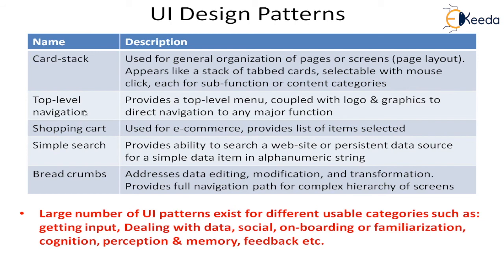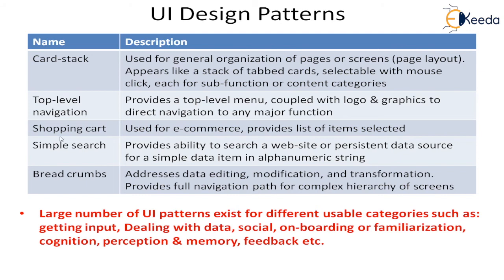Similarly, top level navigation is another named design pattern. It provides a top level menu coupled with logo, graphics, and also navigation to the major functions. Then you have the shopping cart. All of you must be very familiar with the shopping cart, since we are doing a lot of online e-commerce activity. That provides a list of items that has been selected. It automatically goes to a shopping cart with a graphic symbol.